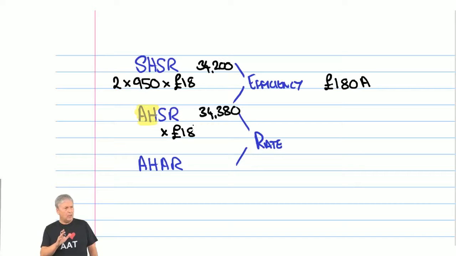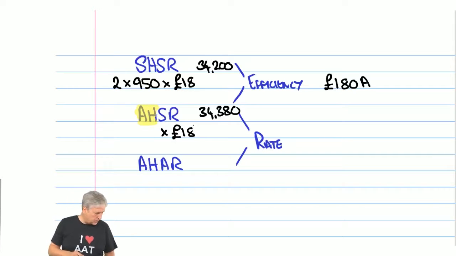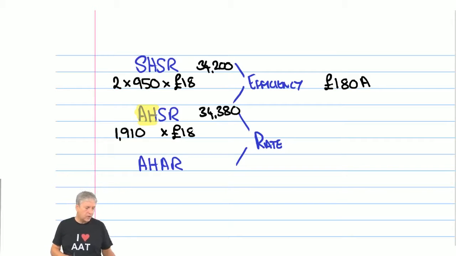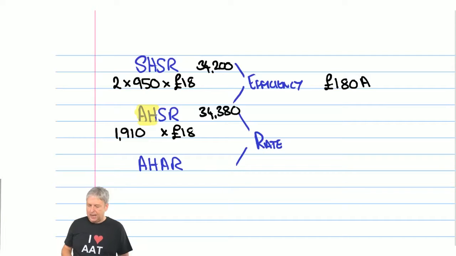So to calculate the actual hours, we're simply going to work backwards. We've got 34,380 divided by 18, and it comes to 1,910 as our actual hours.